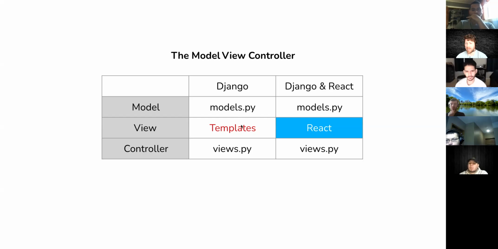We're actually going to be replacing where we're doing HTML templates with React. So we're just completely going to be disregarding the templates of Django and going into React and using React. What questions do you have about why we're using React?